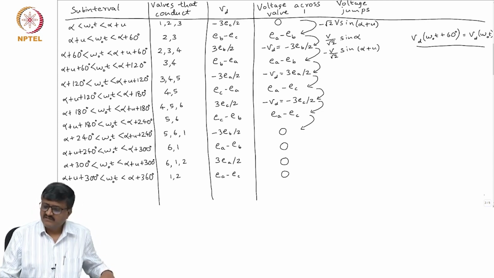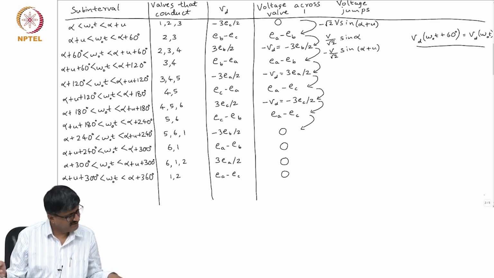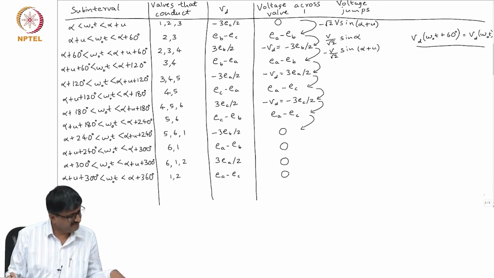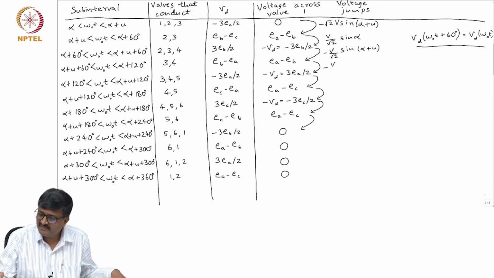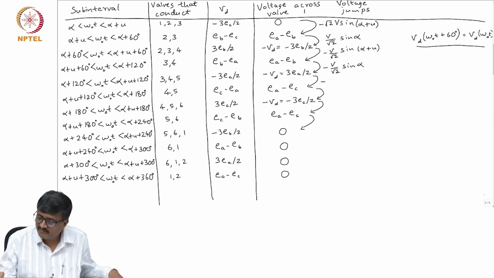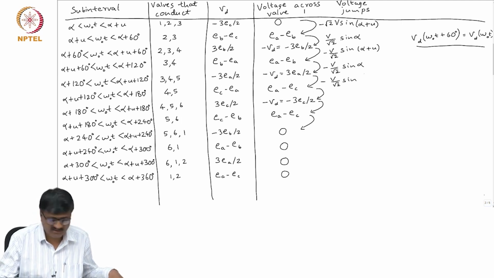Then the third jump is minus V by root 2 sin alpha plus u. The fourth jump is minus V by root 2 sin alpha. Then it is minus V by root 2 sin alpha plus u.